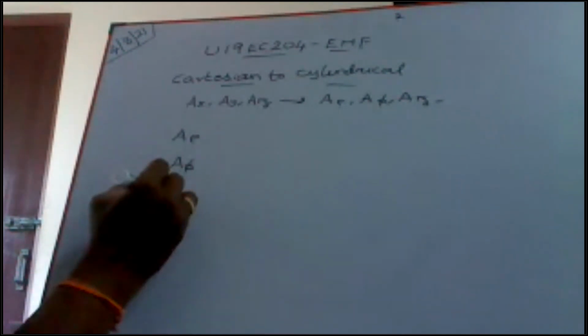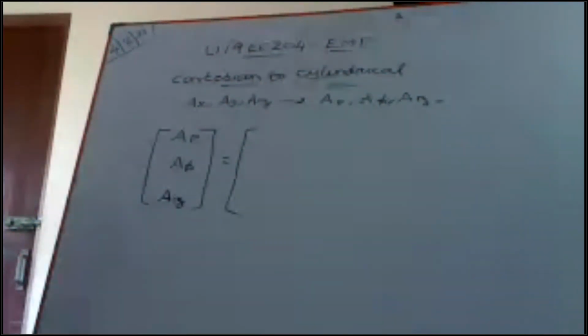We have to write A rho, A phi, Az. I am writing it as a matrix now. The advantage of the matrix formula is that if I write the values in a matrix, you can remember it very easily. So I write it in matrix. Understood?